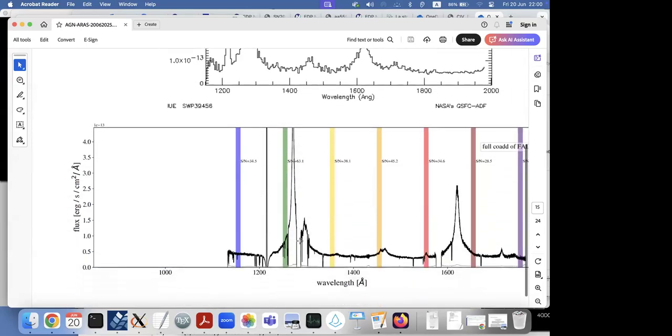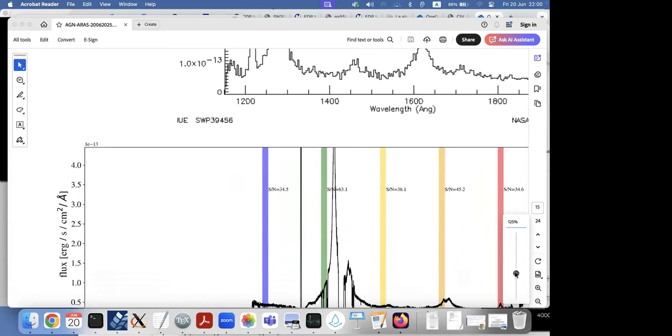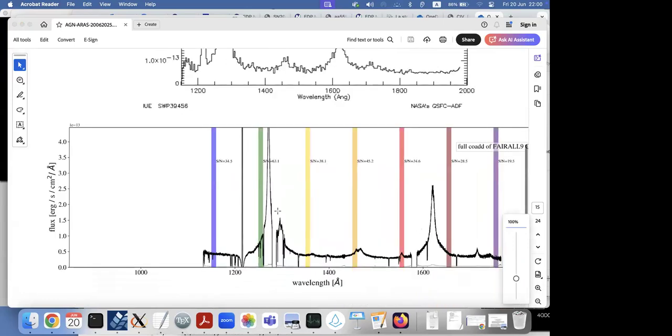Now, this is the whole spectrum. This is the region in the galaxy that gives you interstellar absorption lines.